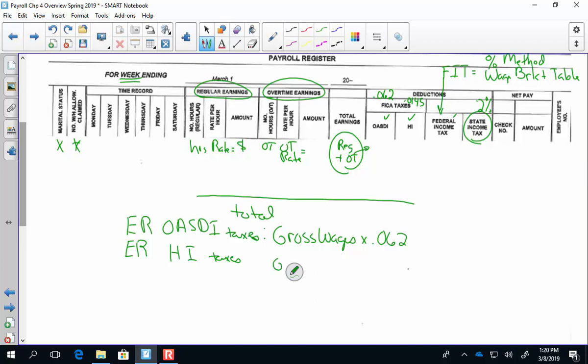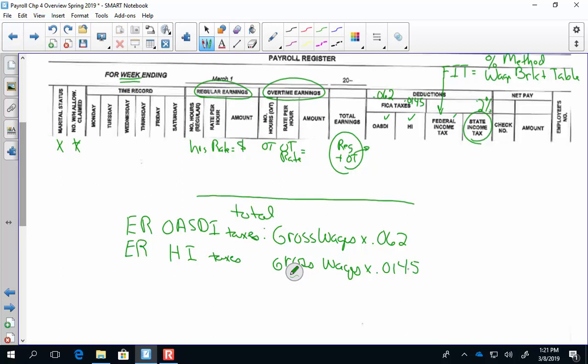Just don't take the amount from the employee withholding. There will be a fractional difference, that's fine, but that's what they're looking for on the employer side, or the matching of the OASDI and Medicare taxes. So be aware of that computation as well on this payroll register.